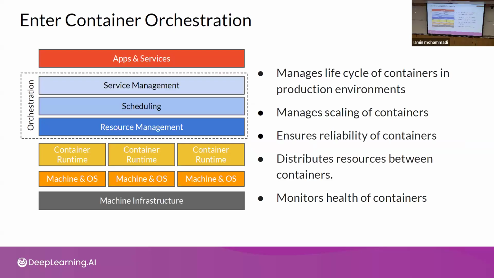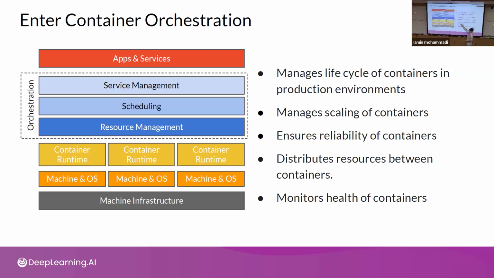Now, if you think about container orchestration, what happens? When you run Docker on your machine, if you look in detail, you have a scheduler, and you have some sort of manager. Technically, you have service management, you have scheduling, and you have resource management, and they are doing different things.